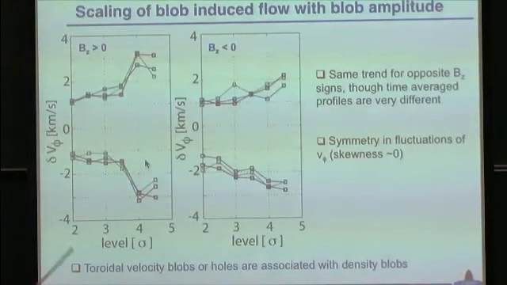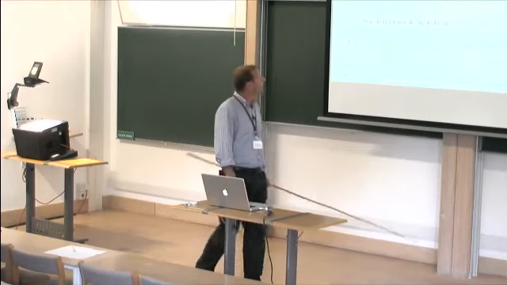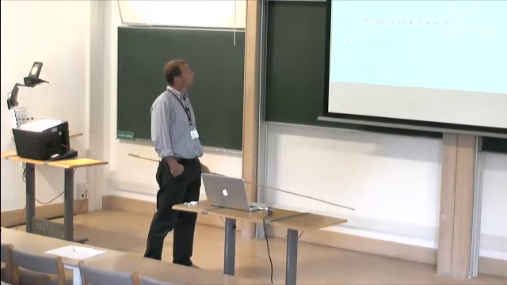So that really leads me to conclude that the toroidal velocity blobs or holes, depending on the sign, are associated with density blobs. That's something that I think is absolutely uncontroversial. And it's something that can provide a nice test bed for theory for this business of the toroidal velocity.